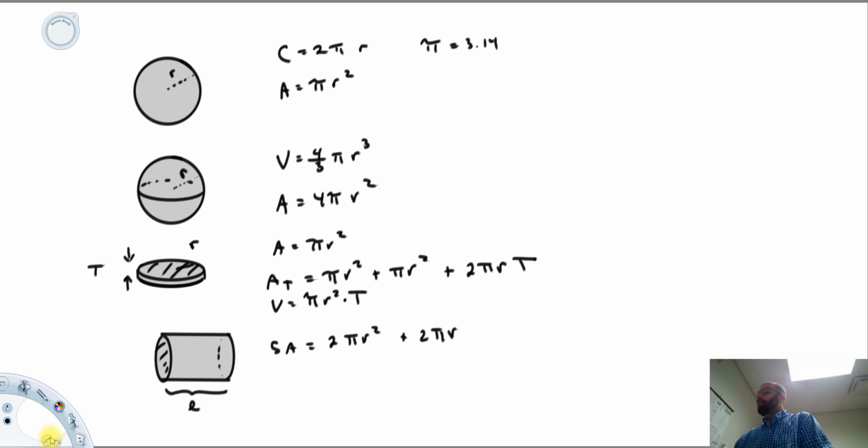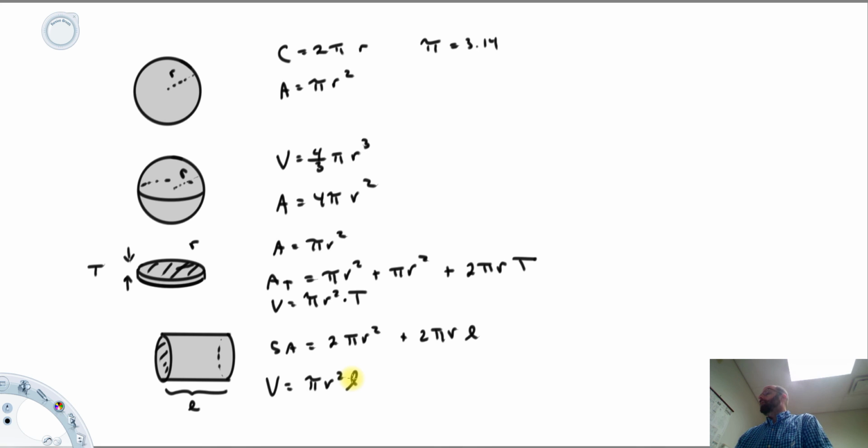Formula-wise, it's the same as this. The only difference is that here, because it felt more appropriate, I called this a length instead of a thickness. And then for volume, we take pi r squared and multiply by the length, and we get the volume.